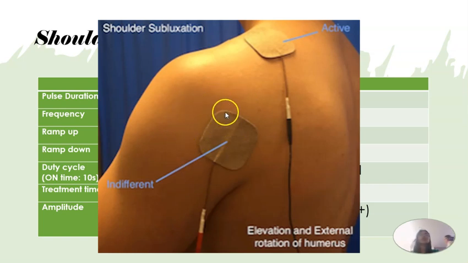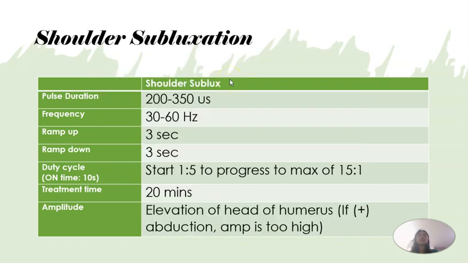Okay? So, ano yung goal natin dito pag nag-apply for the shoulder subluxation? As discussed, you start 1:5 and then progress to 15:1. Okay? Hindi ito 1:5 tapos diretsong 15:1, ha? Dahan-dahan nyo siyang i-progress, no? Kung 1:5, magiging 2:4, or kaya 3:4, eventually reaching the 15:1.